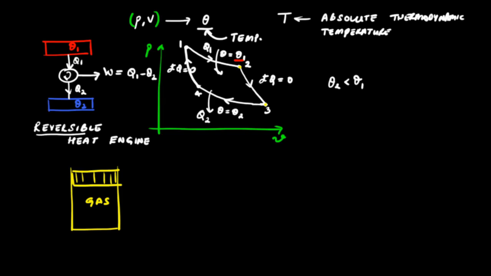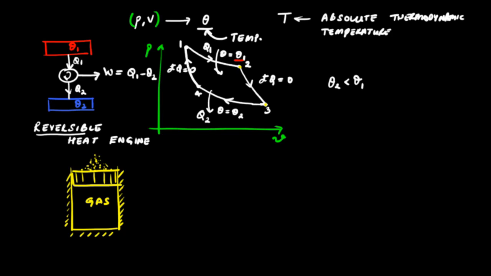So if you want to go from state 2 to state 3, that is an adiabatic process, then how can you go about it? We've seen this earlier: imagine that there is a pile of sand on this piston.